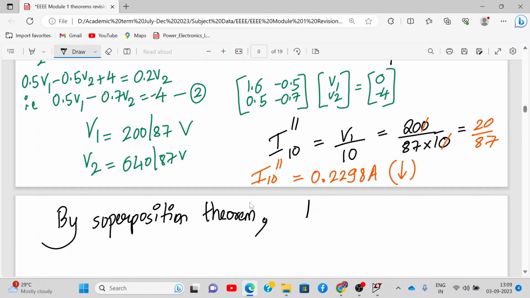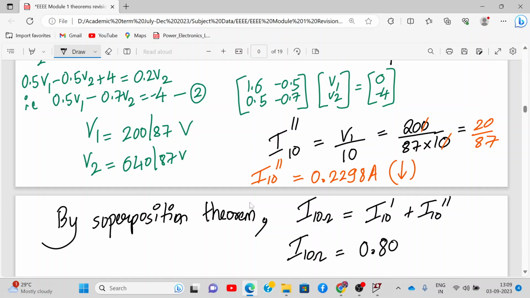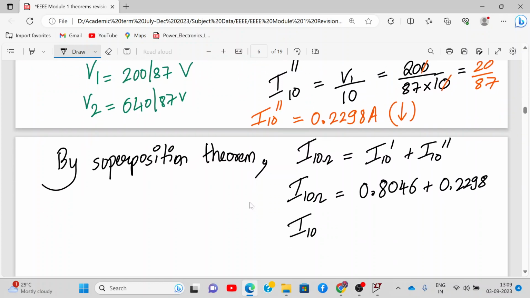By superposition theorem, I10 ohm is I10 dash plus I10 double dash. So how much was I10 dash? 0.8046 plus 0.2298. So how much is this? 1.0348. Did you all get this answer?